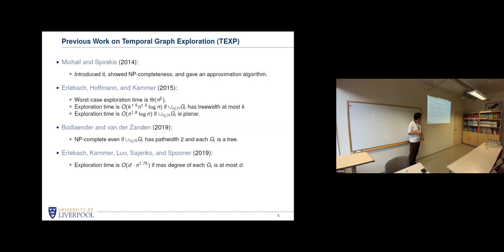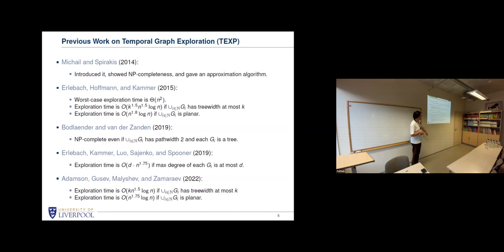Some more results: if you look at restricting the degree in each snapshot, these authors improved on some of the bounds from Erlebach, Hoffmann, and Kammer. So I guess the takeaway from this is that it's quite a difficult problem.